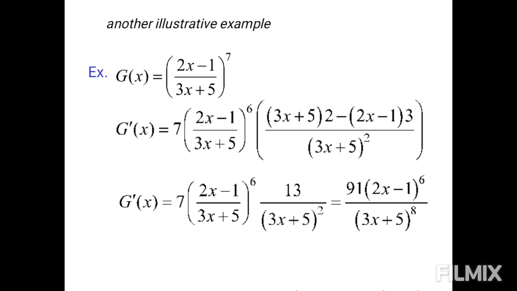Since we have the exponent 6 and we have 2, we have 8 as the sum. Then the final answer for the derivative will be 91 times the quantity 2x minus 1 raised to 6 all over 3x plus 5 raised to 8. We'll stop here because this is in lowest form now. Alright?